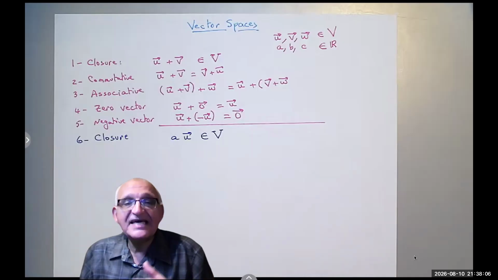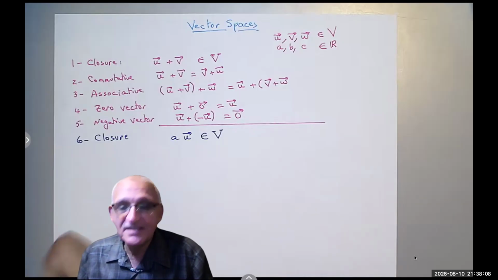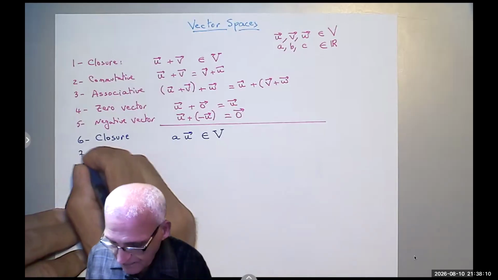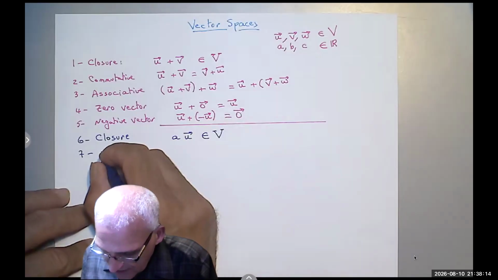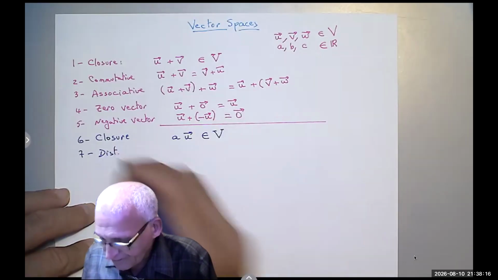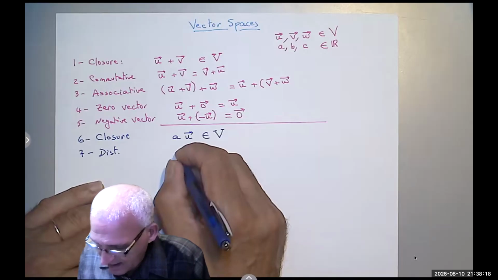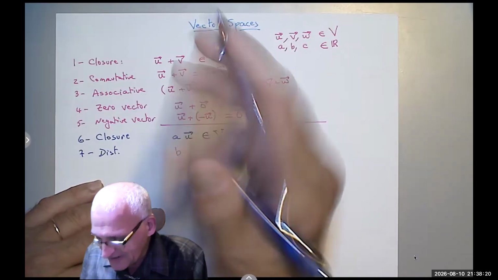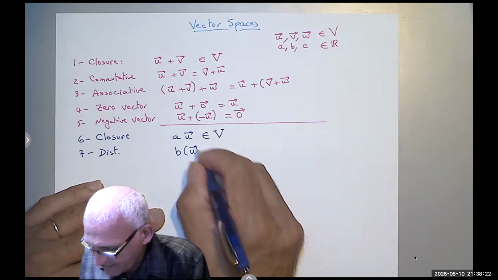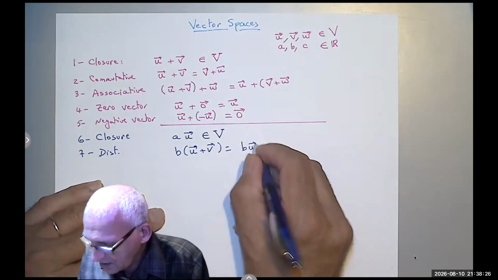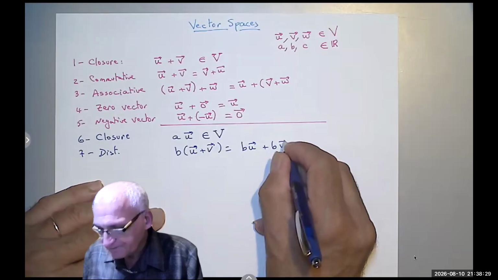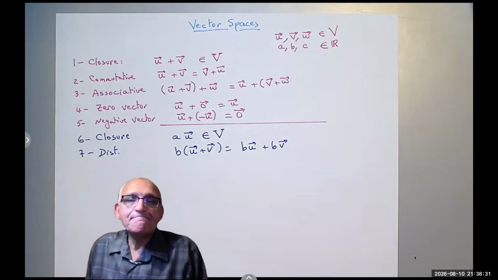Now, the scalar multiplication also is distributive and it's associative. So for distributive, I can say that b, since we used a, times u plus v is the same as b times u plus b times v. Okay?